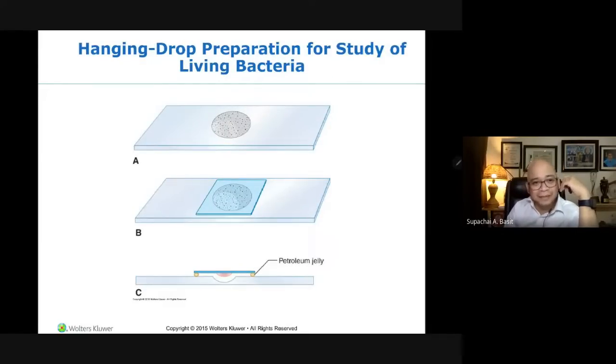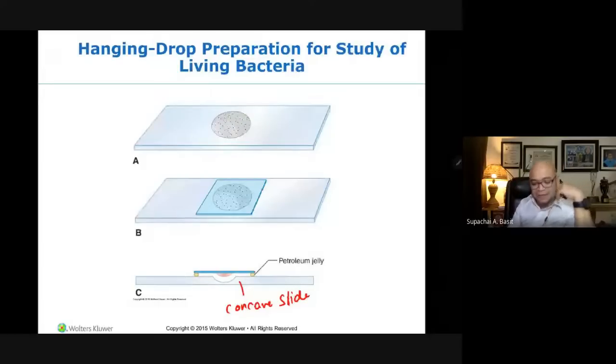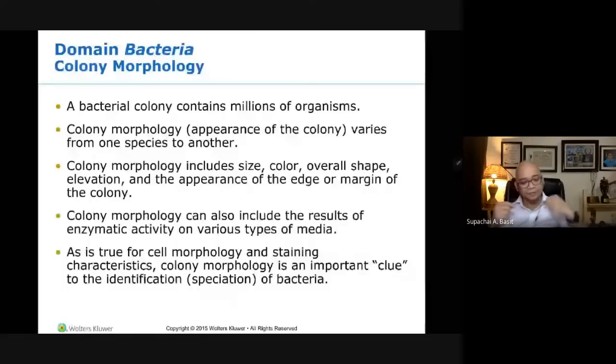All you have to do is add a drop of bacterial suspension, living bacteria, and then you add a cover slip with petroleum jelly onto a concave slide. You have to have a concave slide in order to do the hanging drop technique.